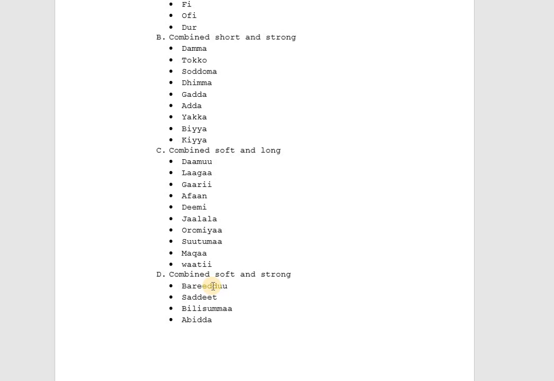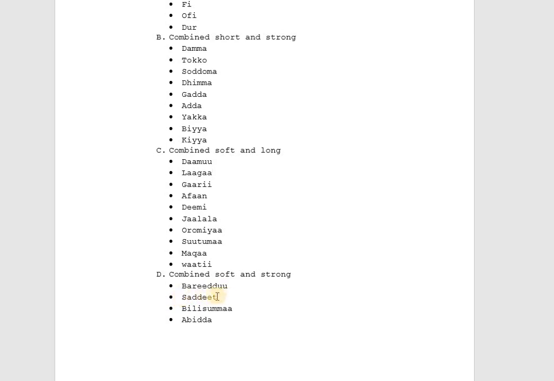Du is strong and long. I repeat that. Ba is short and soft. Ra is soft and long. Du is strong and long. This is actually a very nice combination.